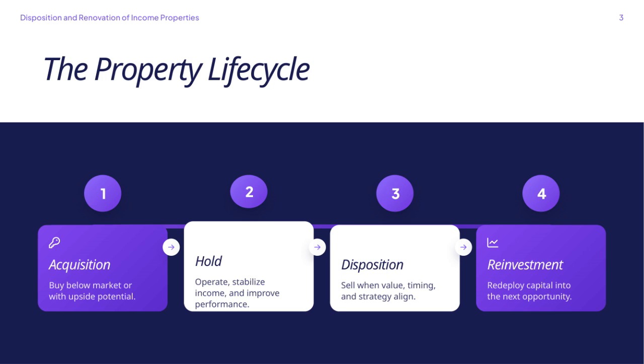The third stage is disposition, where we decide to sell the property, but only when the value, timing, and strategic goals are all aligned to ensure the best possible outcome. Finally, we have reinvestment, which involves taking the capital from the sale and redeploying it into the next promising opportunity. Each step builds on the previous one, creating a cycle that fuels long-term growth and success in real estate.